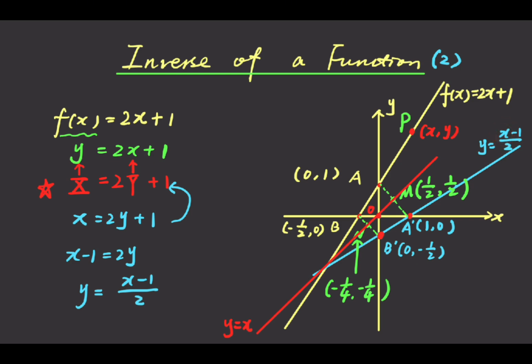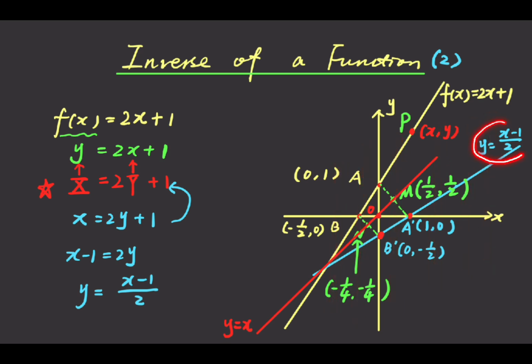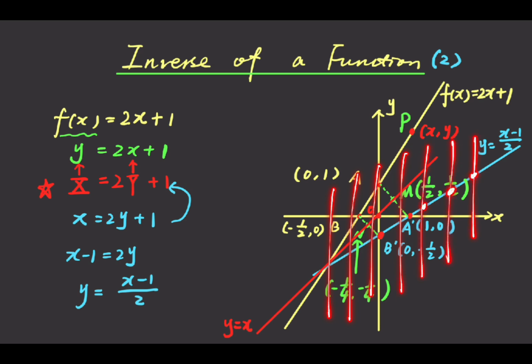In geometry, this blue straight line can pass the vertical line test. That is to say, for any vertical line, this relation has only one intersection with the vertical line. So we can say the blue straight line can pass the vertical line test.